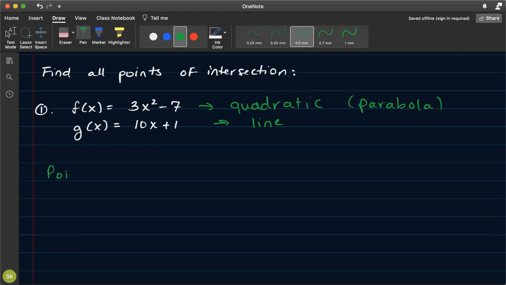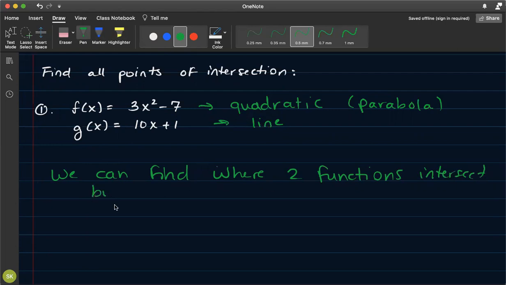Well, we can find where 2 functions intersect by setting them equal to each other.